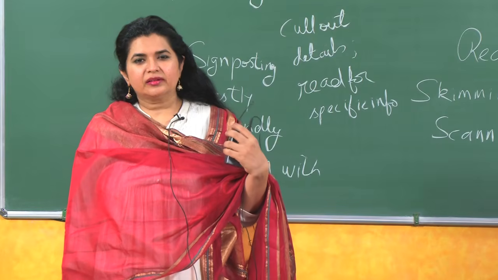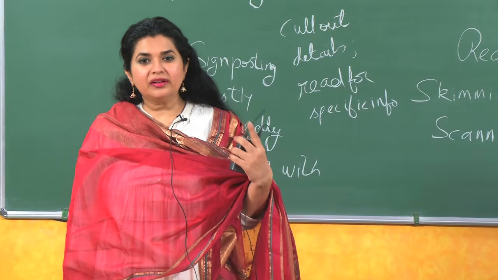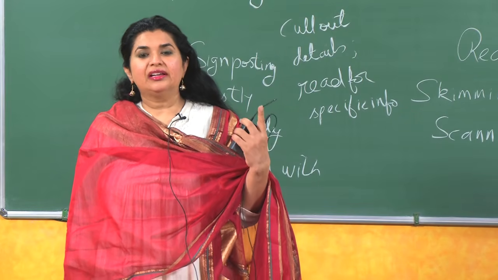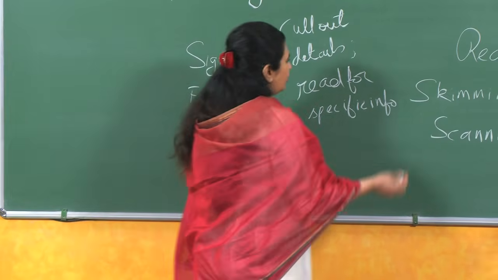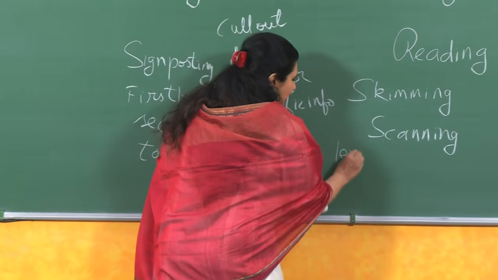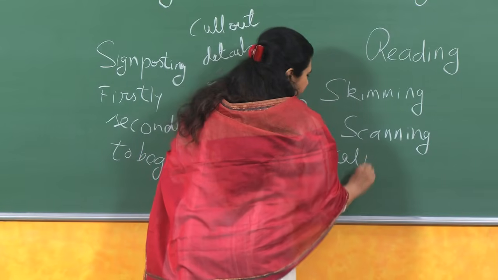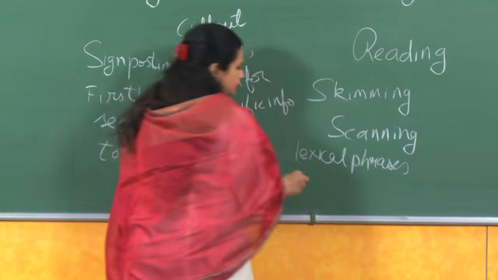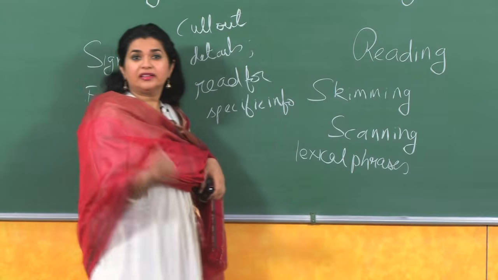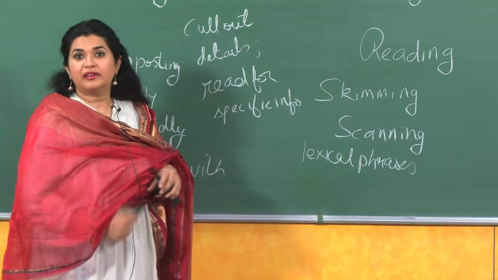Look at the vocabulary, the words that are given, the particular lexical phrases. So in good reading, always pay attention to lexical phrases. If it's summarizing, then you have to summarize something.